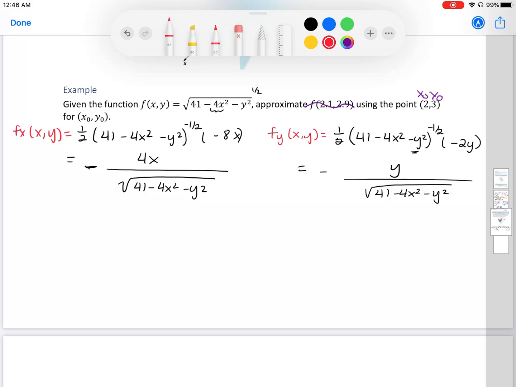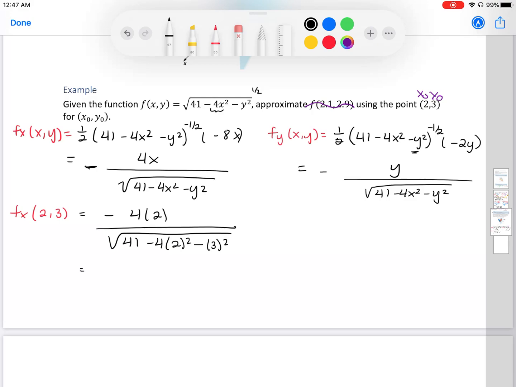I want to evaluate that derivative at the point. So I have f sub x of 2, 3. I input these values: negative 4 times my x, which is 2, over the square root of 41 minus 4 times 2 squared minus 3 squared.